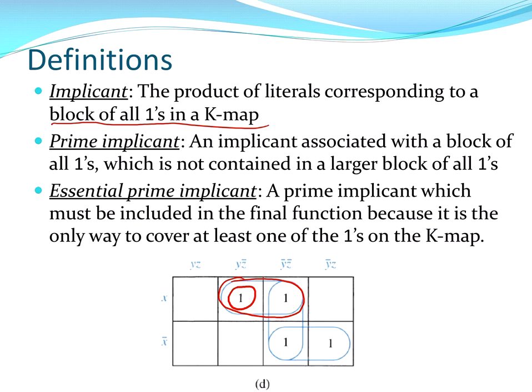Now these 3 groupings of size 2 are each prime implicants because I can't put any of them inside a larger grouping of ones. But only the horizontally oriented two of those are essential prime implicants. The vertically oriented group is not an essential prime implicant. And that is our discussion of circuit minimization with 3 variables.